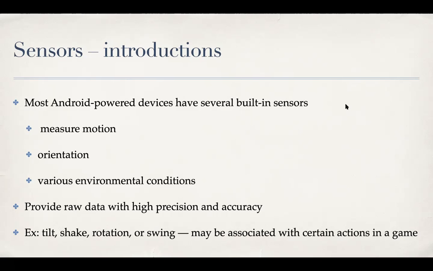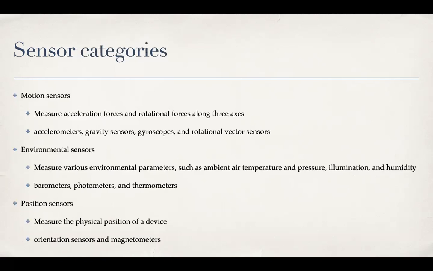A compass can be created for some outdoor activities, using the magnetometer and accelerometer to show the direction the user is going in, and so on. Okay, so there are several uses of sensors, and we'll see how to use them.